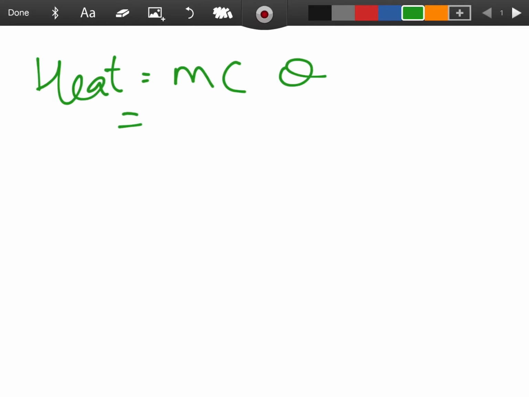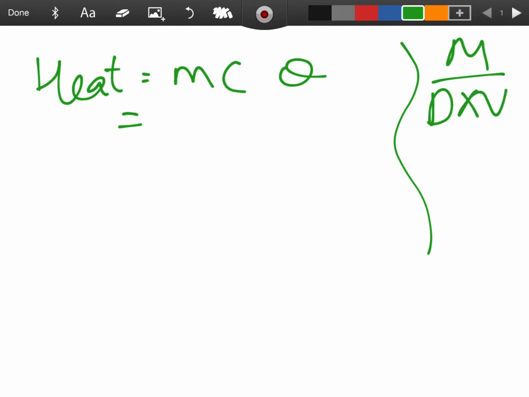Okay, so I'm going to fill all of that in now in the next slide. So mcθ. Now, the mass. I don't know the mass, so I cover the mass. So the formula then becomes density times volume. 1 gram per cubic centimetre, they told me in the question that I assume the density is the same as water, so it's 1 gram per cubic centimetre.